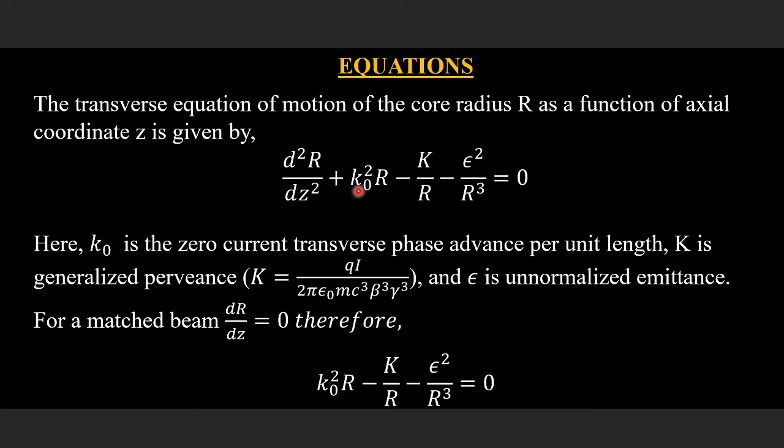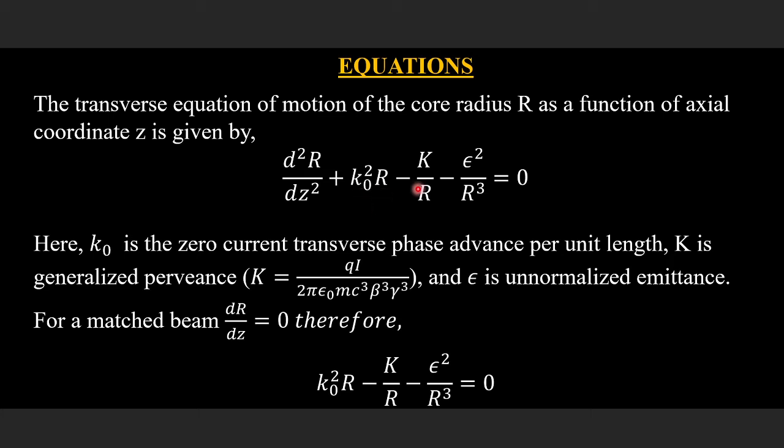This k naught is my structure phase advance, indicative of the external focusing force on the system, or the oscillation frequency of the envelope in the absence of space charge forces.